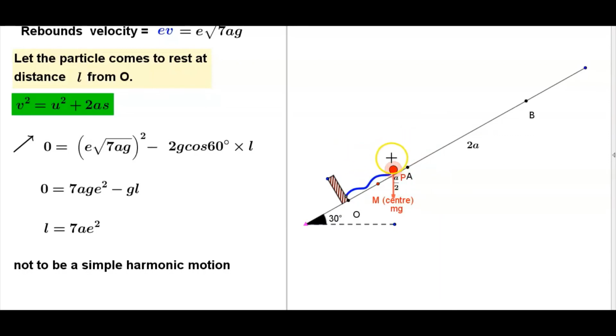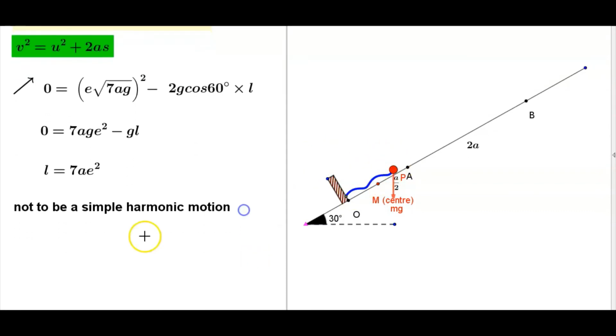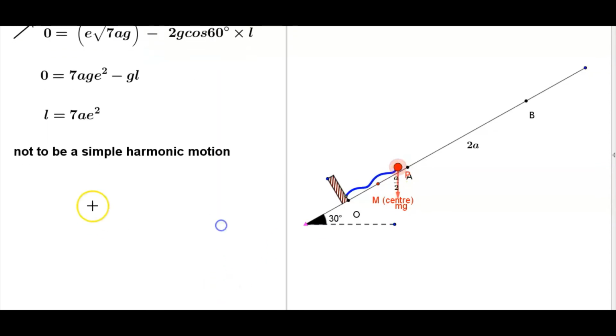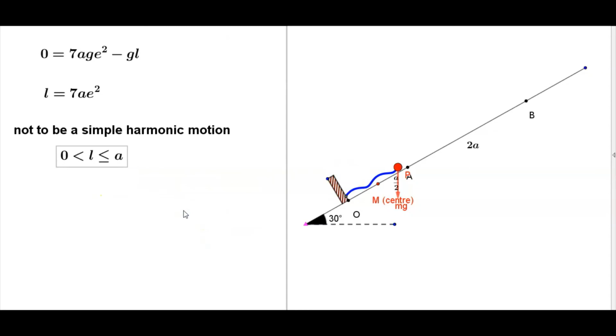If the particle comes to rest before the string gets taut, then the motion is only under gravity. Therefore, for there to be no simple harmonic motion, this resting distance L must be less than the distance A. So L lies between 0 and A: no simple harmonic motion.